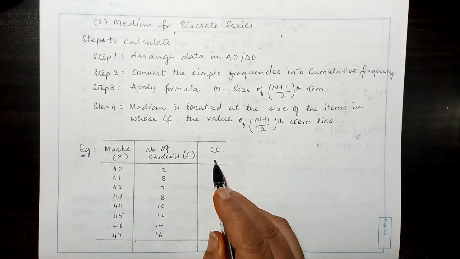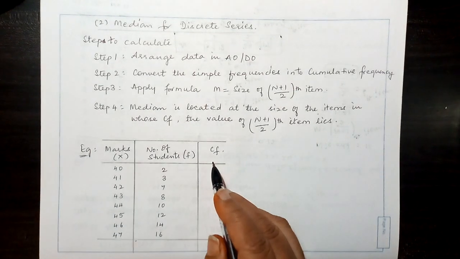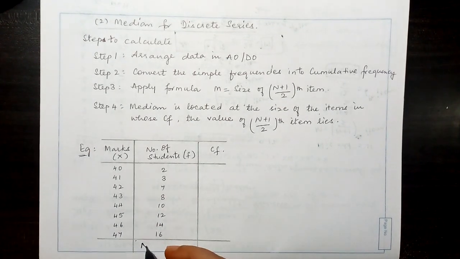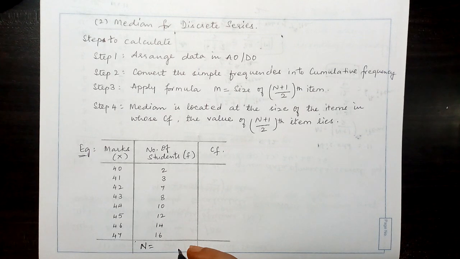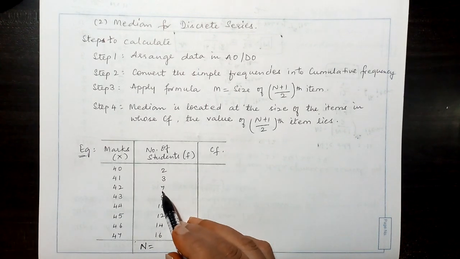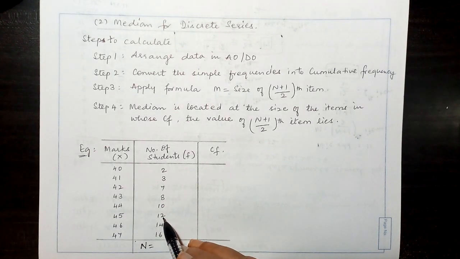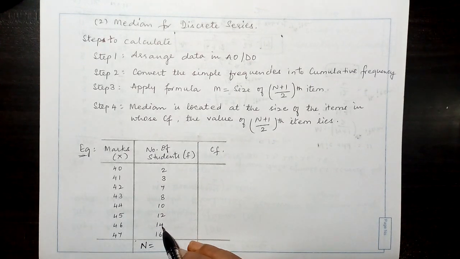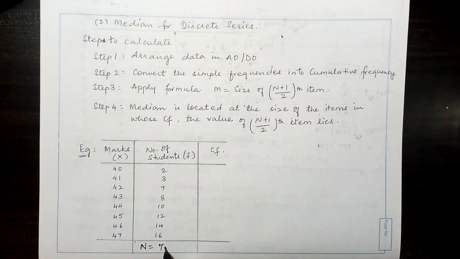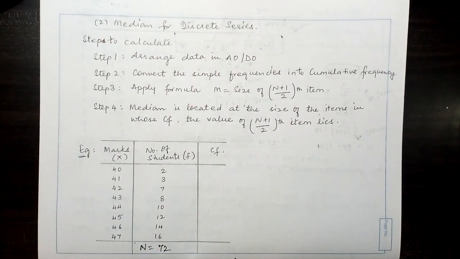Before we calculate the cumulative frequency, let's find out what is the value of n. So n, if you add 5, 12, 20, 30, 42, 42 plus 4, 46, 56, 62 and 72. So n is equal to 72.